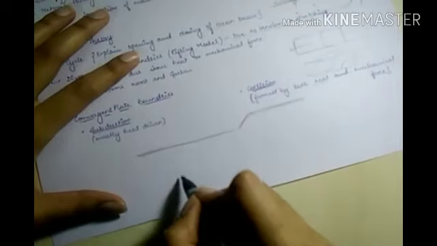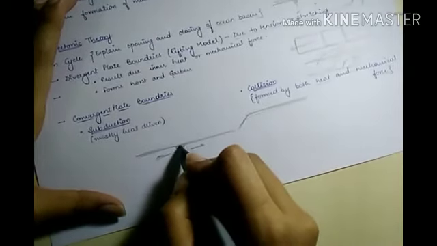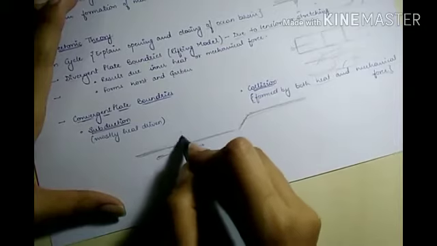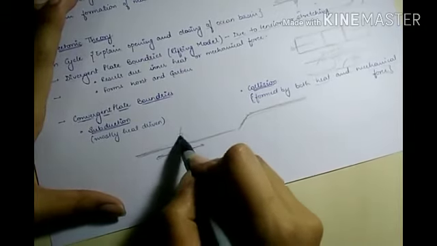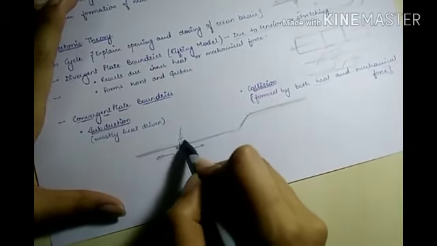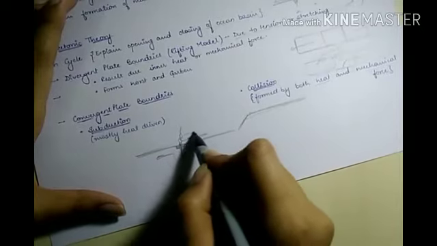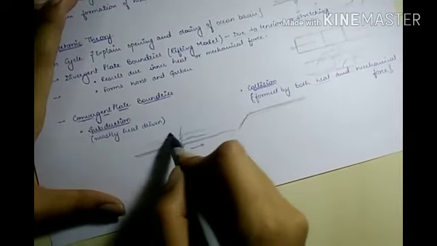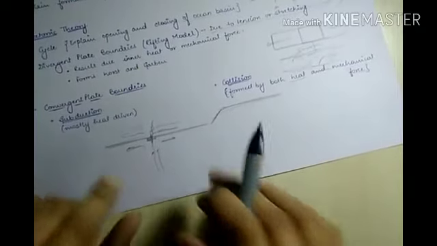Due to heat and mechanical force, these two plates move apart, and here block mountains can be formed. Here a crack is formed, and due to this crack the hot magma comes out and spreads. So this is in divergent plate boundaries.